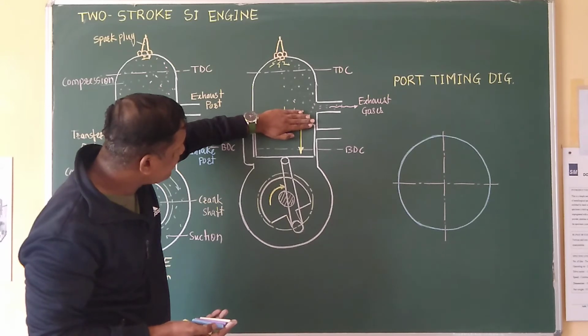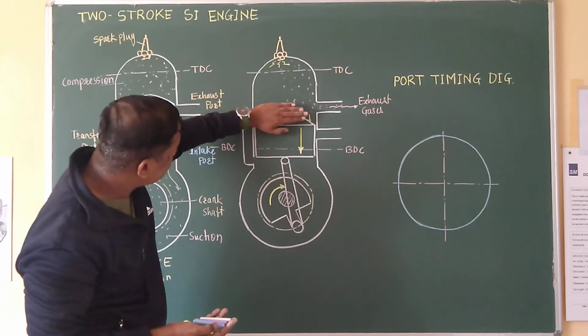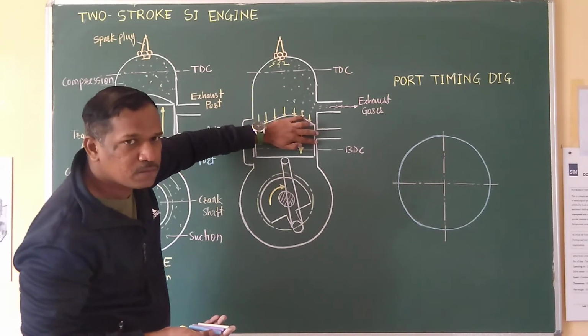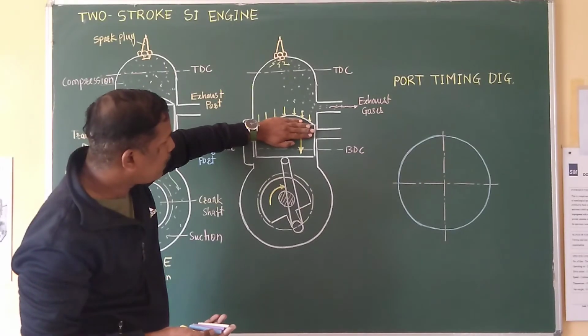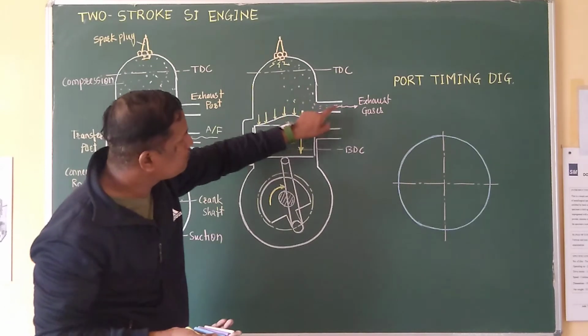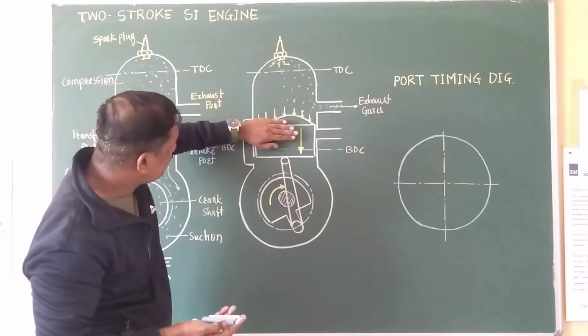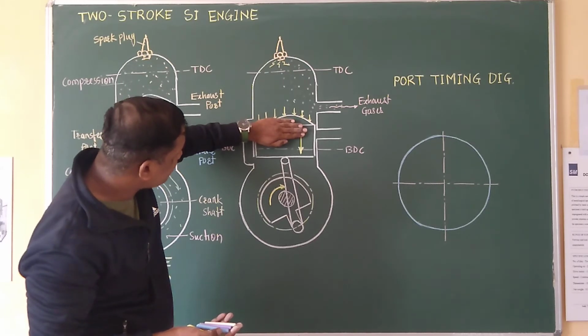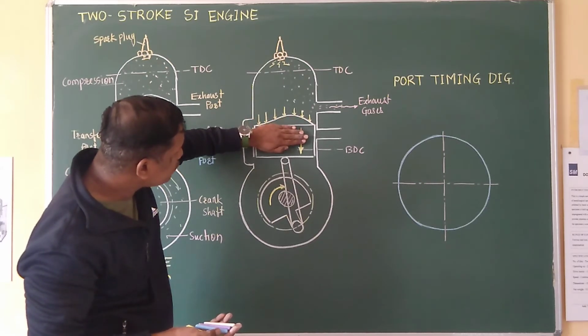So the exhaust gases try to escape. As soon as the piston uncovers the exhaust port, exhaust gases start to move out due to surge pressure, extreme high pressure.